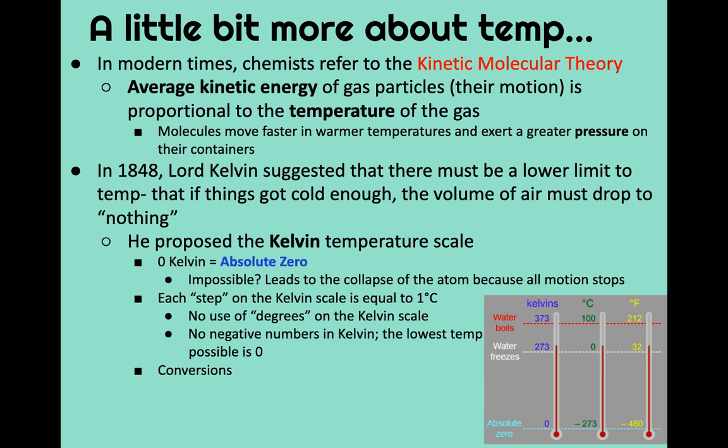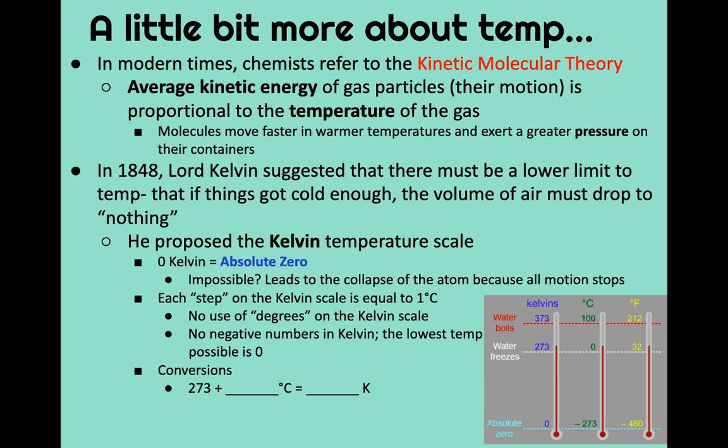You need to understand how to convert between Kelvin and Celsius. It's a super easy conversion because the steps are the same size: 1 degree Celsius is equal to one step on the Kelvin scale. So all you need to do is add 273 to the Celsius number, and you have it in Kelvin.